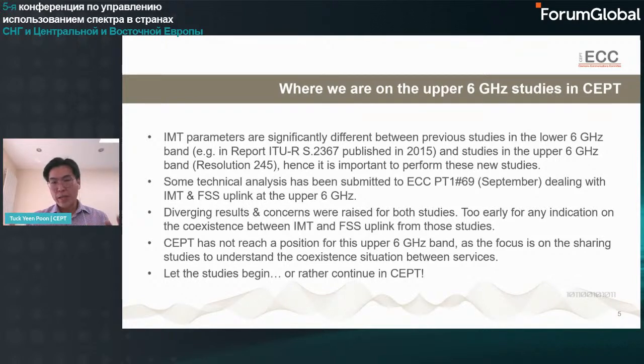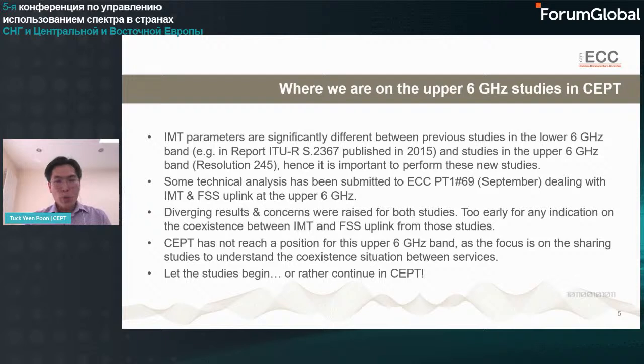What we found is that it's still too early to know what the coexistence situation is or to give an indication of what the studies are telling us. We hope that for our future meeting we will have revisions to those studies, so we can reconcile some of the differences and see if there are any early indications.